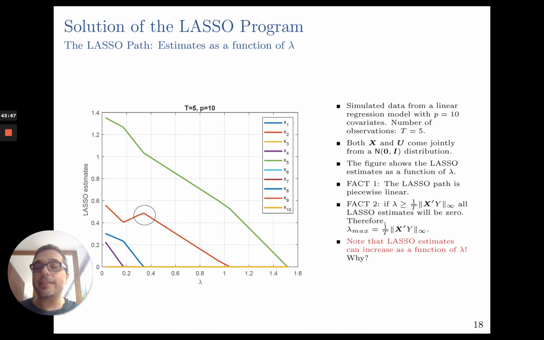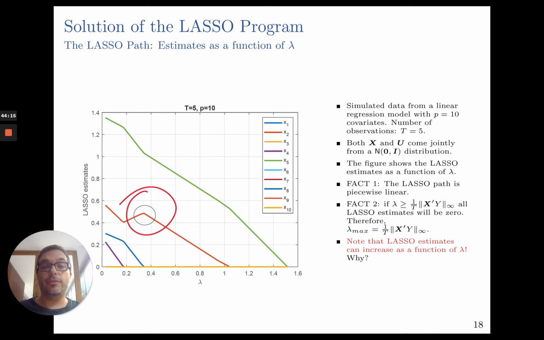There's one curiosity here. You see that all the other coefficients are decreasing as we increase the amount of shrinkage, but there's one here that for some values of lambda increases and then decreases again. Why is this happening? Can you think about an explanation?